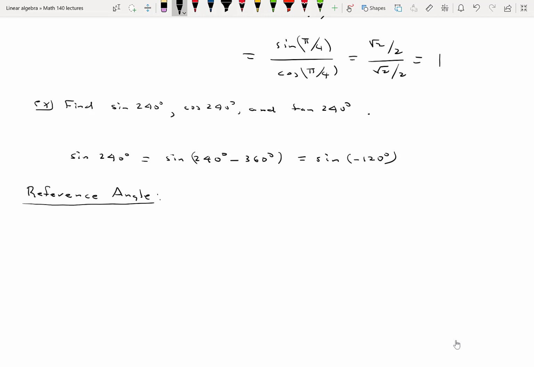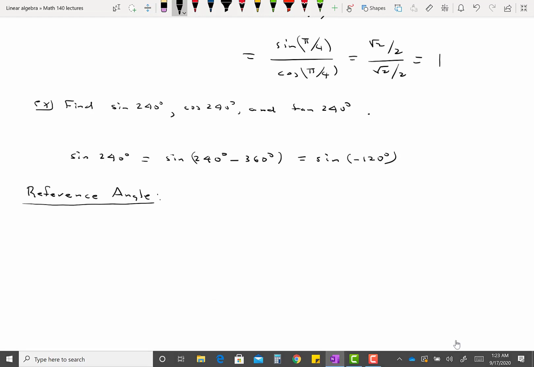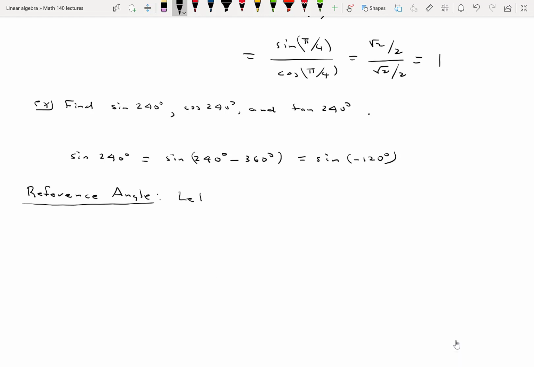I'm going to draw 5 angles, and I'm going to write their reference angles also. So here's our notation. Let theta be an angle, and let alpha be this thing called a reference angle, the reference angle for the angle theta.